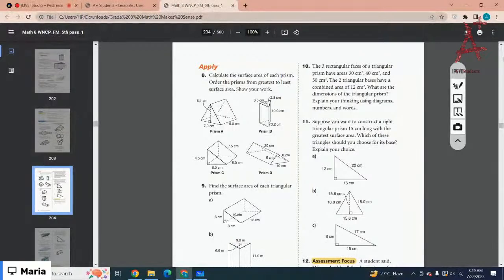Okay, that would be three rectangular faces. Sorry, three rectangular faces of a triangular prism have the areas 30, 40, and 50. The two triangular bases have a combined area of 12. What are the dimensions of the triangular prism?